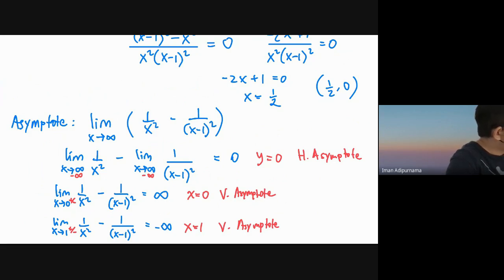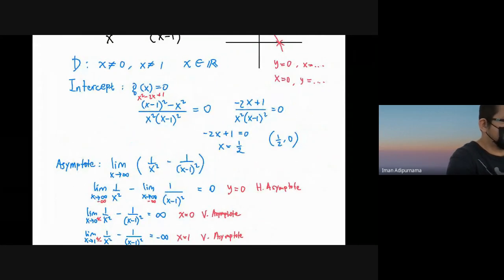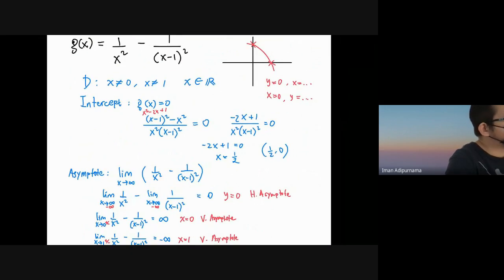You can make a line at x equals 1 for the vertical asymptote. Okay, you have all this. Next thing you can do is check the first derivative and second derivative. We can check when the function is increasing, when the function is decreasing, and we can check the concavity.